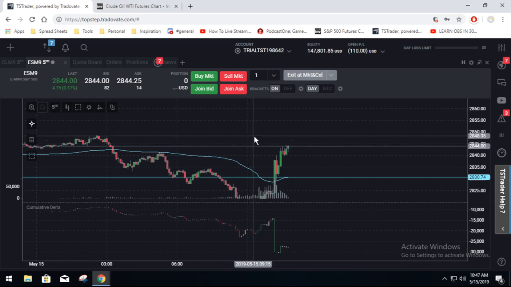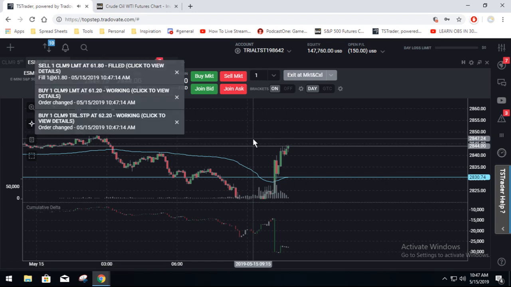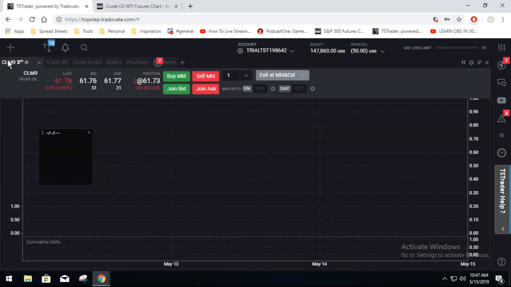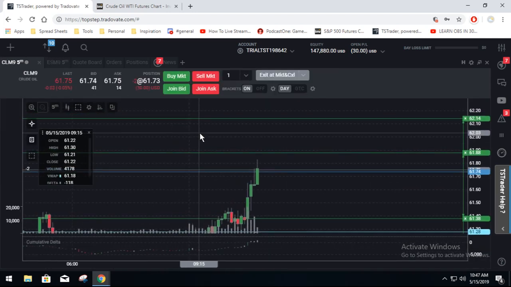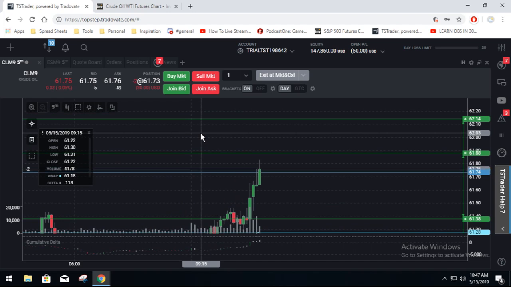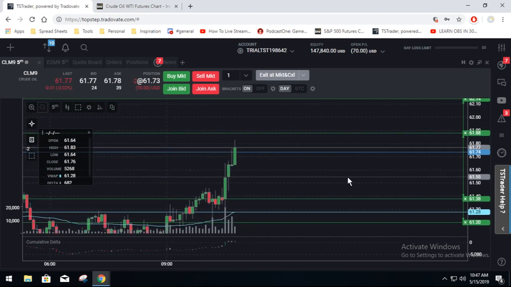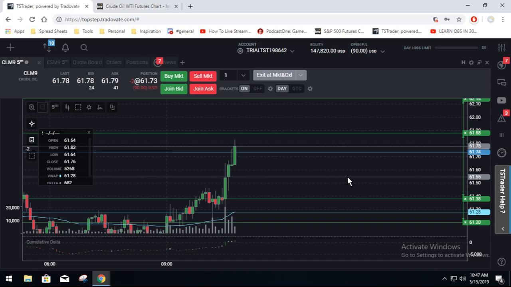Right, I have my working order set at 48, 47s. Alright, 80 just got filled there. Looking for bearish signs for end of hour.